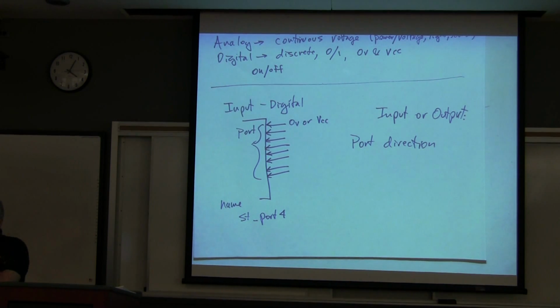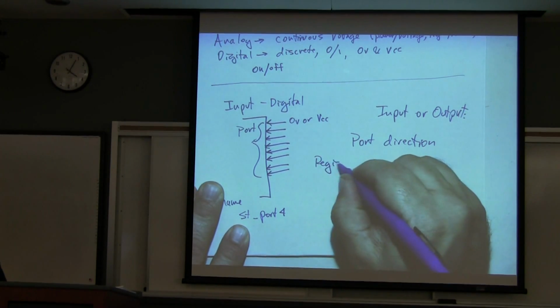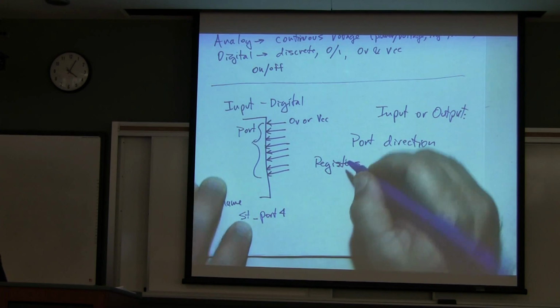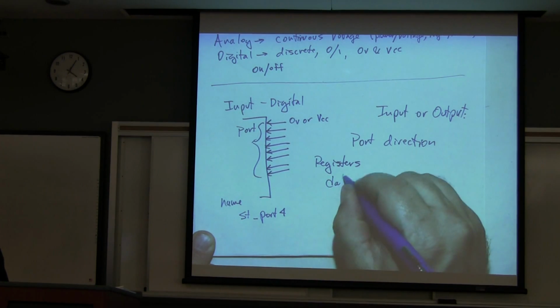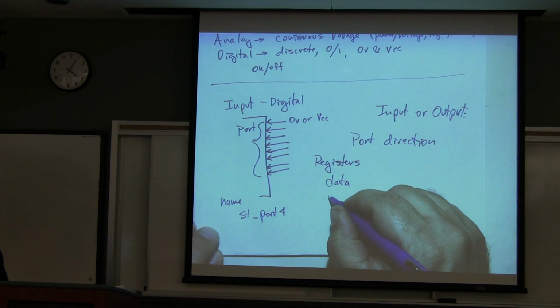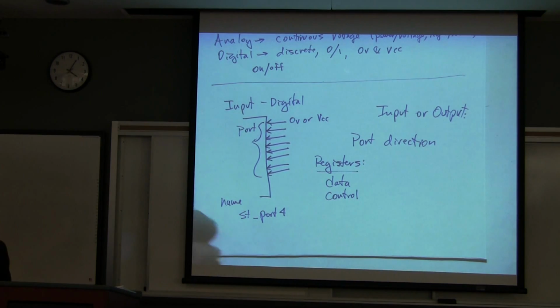So, if you remember from your computer architecture class, that's why you had that class first, you had a concept called registers. The way for you to read what's going on inside of your microcontroller is to use registers. So you'll have data registers, you'll have control registers. The data registers are exactly as you can imagine.